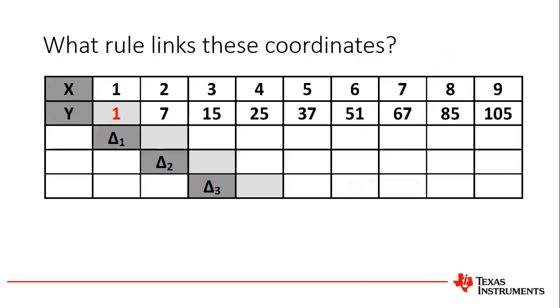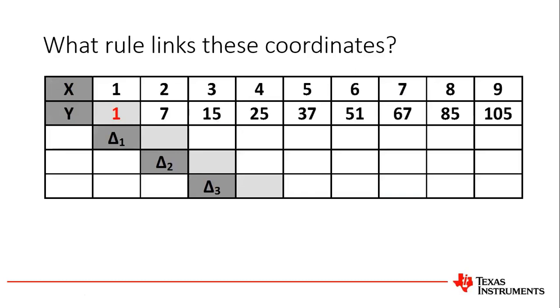Now, our challenge today is to take a look at another pattern of points, which are, as you can remember from before, this time it's 1, 1, 2, 7, 3, 15, 4, 25, etc. And we're going to try to find out what rule links up those coordinates.